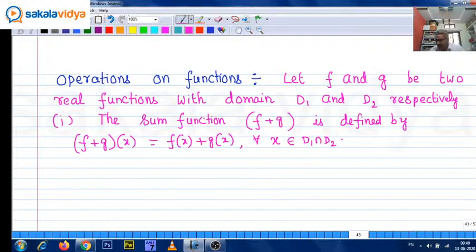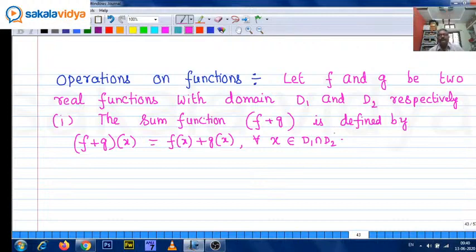It's very important: if you are asked to find the domain of the function f plus g, it is the intersection of the domains of f and g.